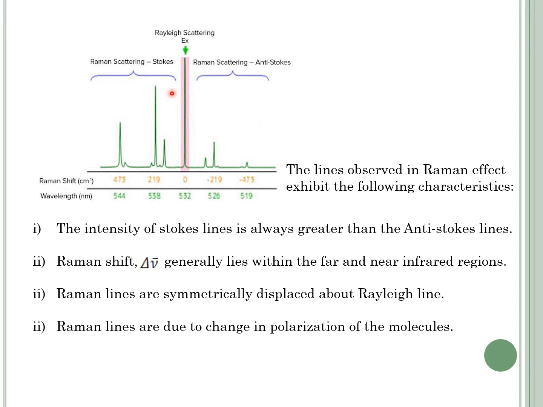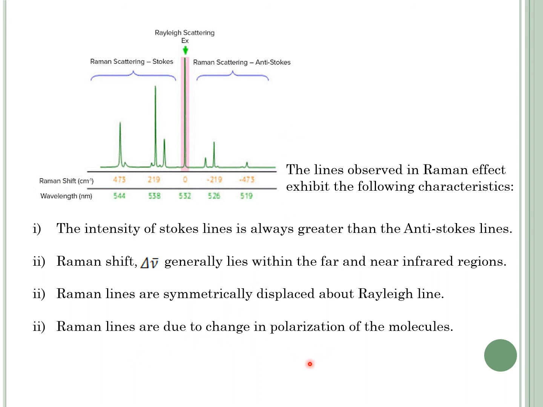The Raman shift, delta nu bar, generally lies within the far and the near infrared regions. Raman lines are symmetrically displaced about the Rayleigh line. So you can see the symmetric displacement of the Raman scattering lines, whether Stokes or anti-Stokes.